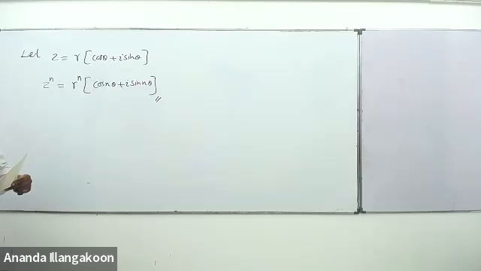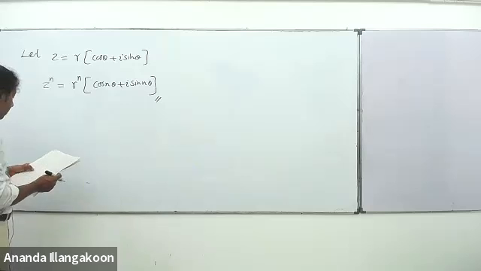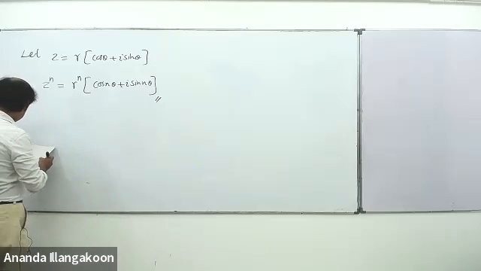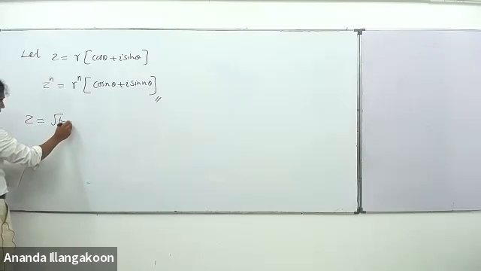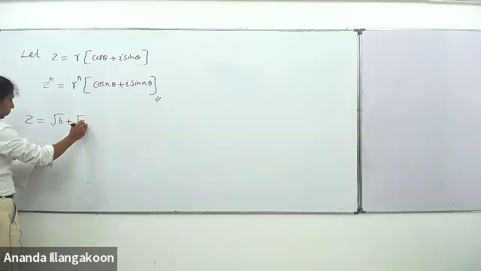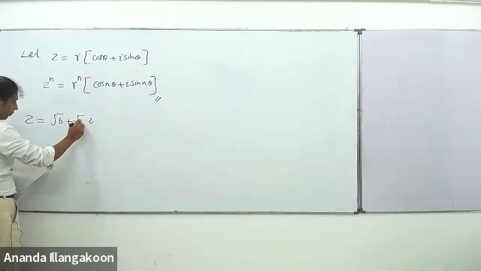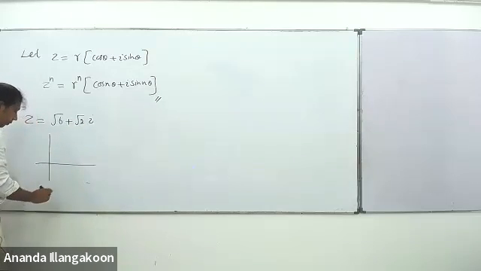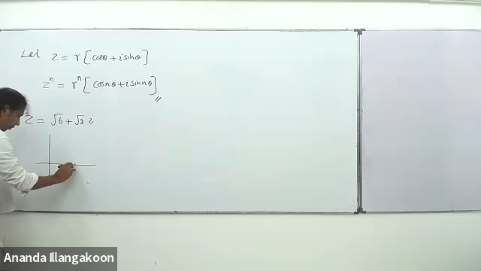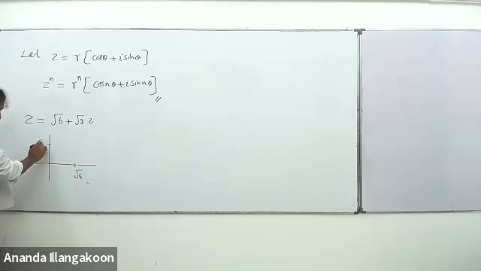Express the complex number root 6 plus root 2i in the form r(cos theta plus i sin theta). Root 6 is the real part, root 2 the imaginary part.